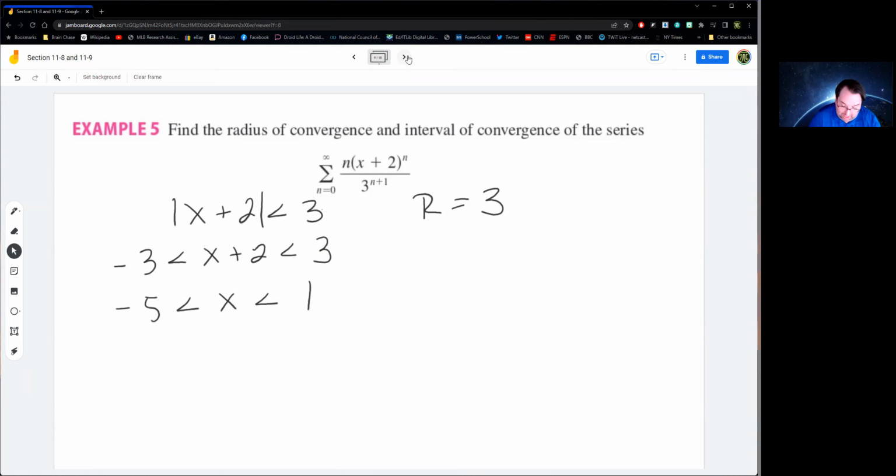So we've got that as my interval right now. But again, we still have to test the -5 and the 1.